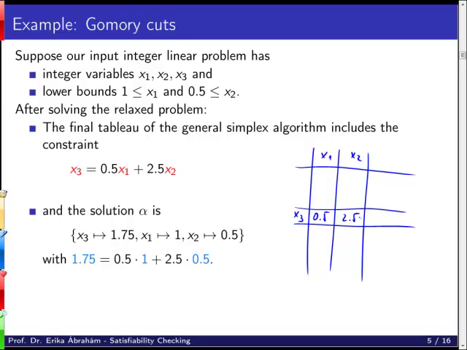And I have a solution which assigns here the given values. So x3 has a non-integer value, x1 has an integer value, and x2 has also a non-integer value. And this set is a satisfying solution, so this will satisfy this equation.